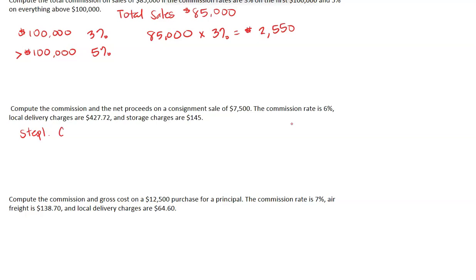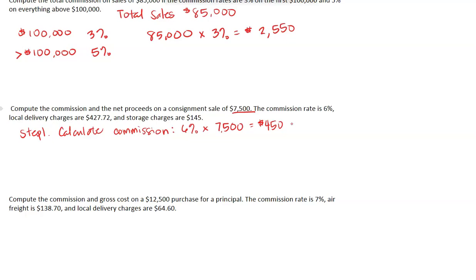So step 1, and as usual, I'm going to multiply the commission rate, this time it's 6%, and by the consignment sale of $7,500. This is going to give me $450 as your commission.